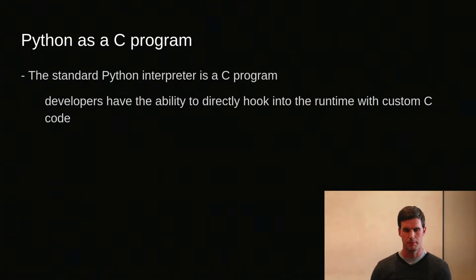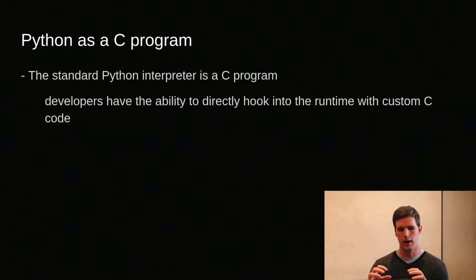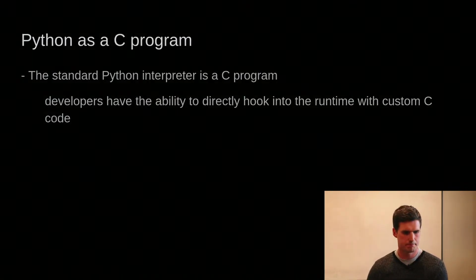Since Python is itself a C runtime, at the end of the day, all of the objects that you're interacting with in Python are actually wrappers around C constructs. And one of the things that we can do as Python developers is hook into that functionality at the C layer. We can interact between C code and Python code pretty natively.